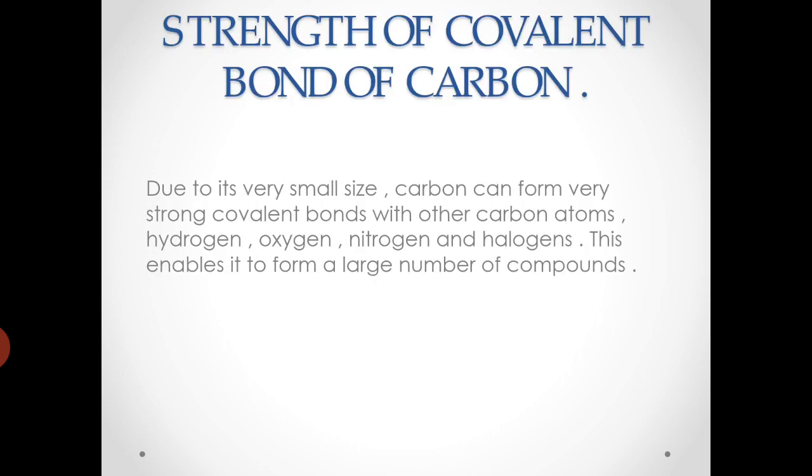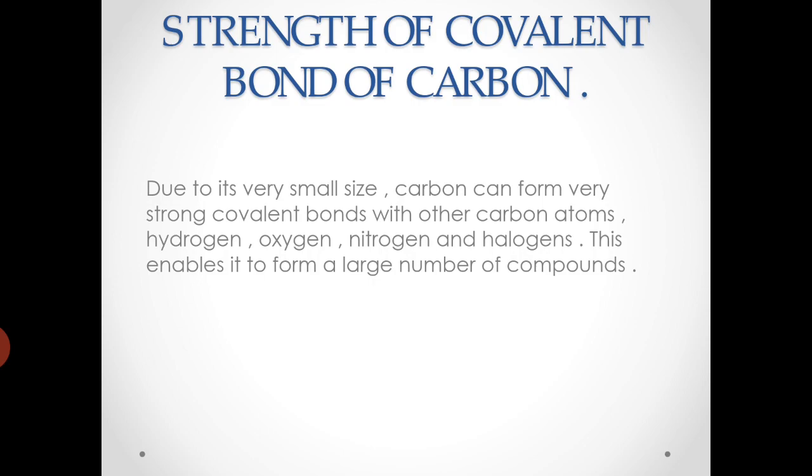Next is the strength of the covalent bond of the carbon atom. Okay students, due to the small size of the carbon atom, it can form strong covalent bonds with other carbon atoms. You can see that the carbon-carbon bond is very strong. It can also form bonds with hydrogen, oxygen, nitrogen and halogens, and this enables it to form a large number of compounds, right?